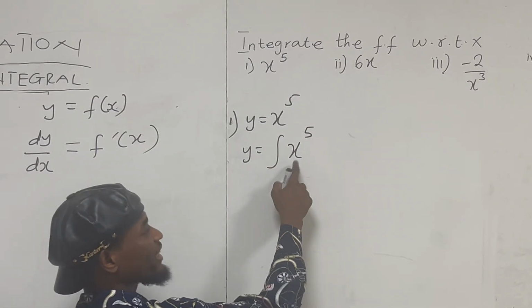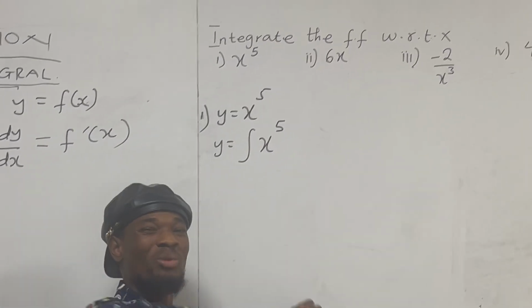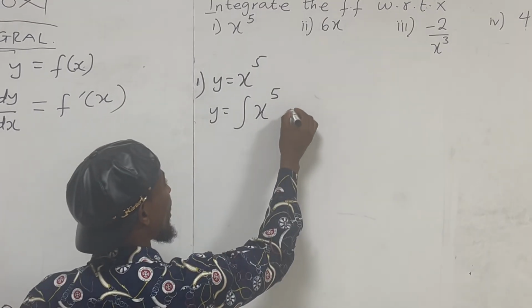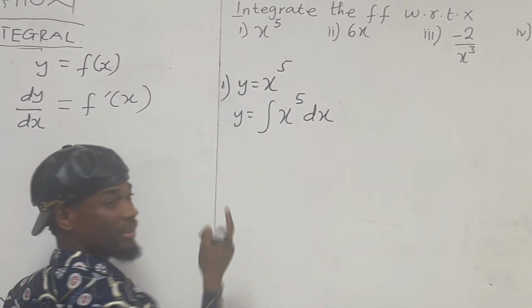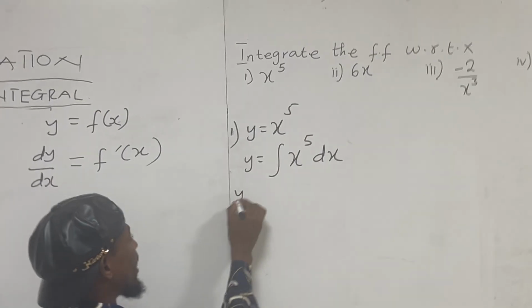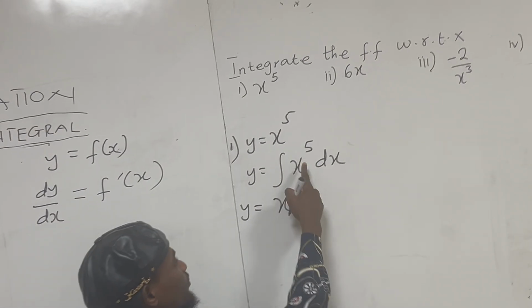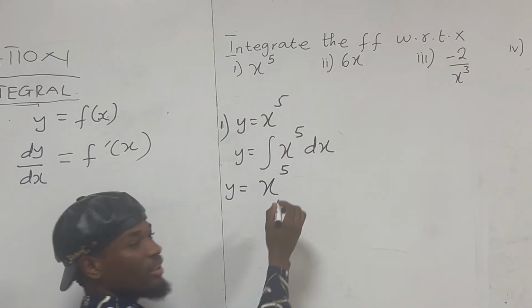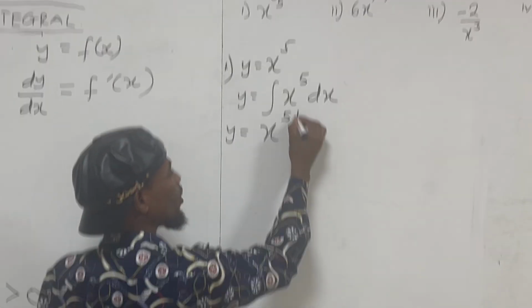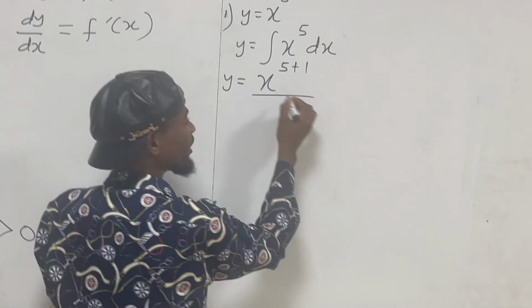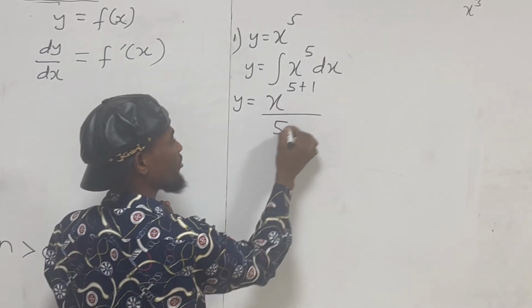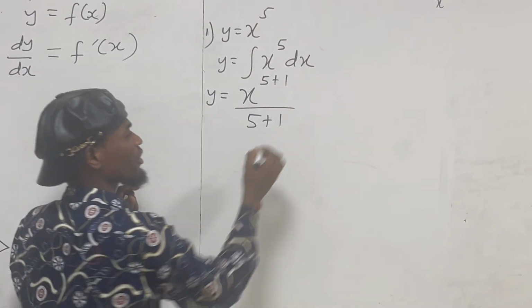And we are integrating this with respect to x. So as a result of that, I'll add the dx. Is that not so? So I have y is equal to, for integration, my x to the power 5, then I'll add 1 to it, plus 1, then divided by the new power, which is 5 plus 1. Then plus c.